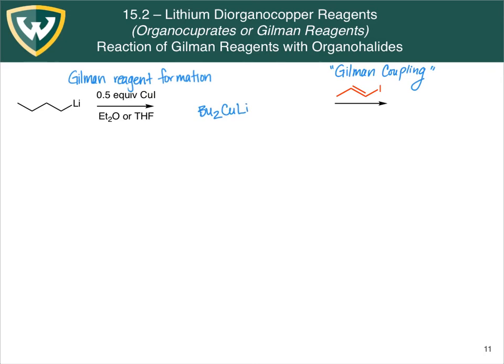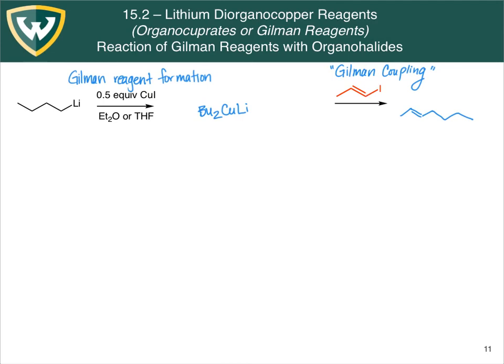We're going to then treat that with a vinylic iodide here to get a new product as shown here. So essentially what we're doing is we're going to form a carbon-carbon bond between the carbon where our lithium was attached, and the carbon on this halide.